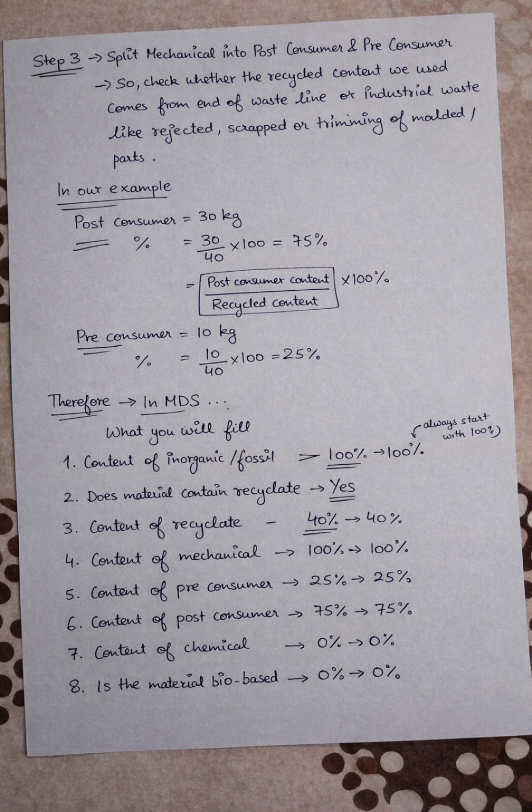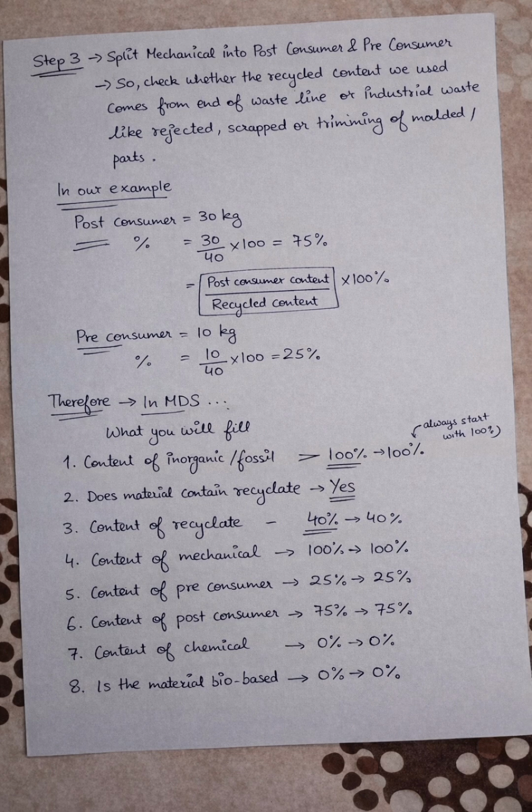Therefore, post-consumer equals 30 post-consumer content divided by 40 total recyclate content times 100. That equals 75%. Similarly, we do for pre-consumer, and the answer is 25%.